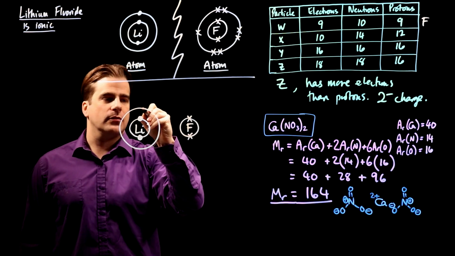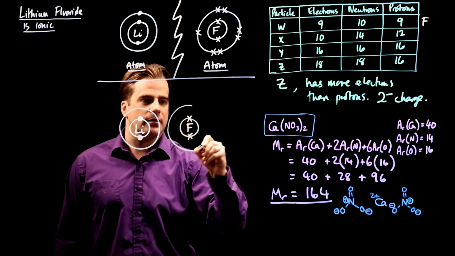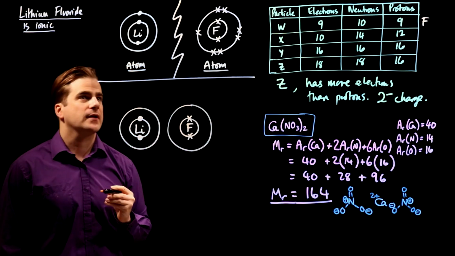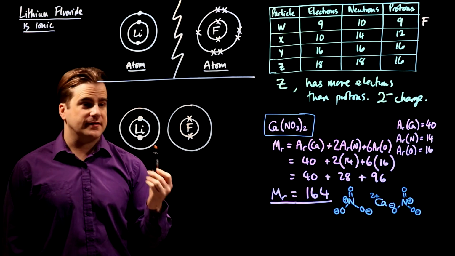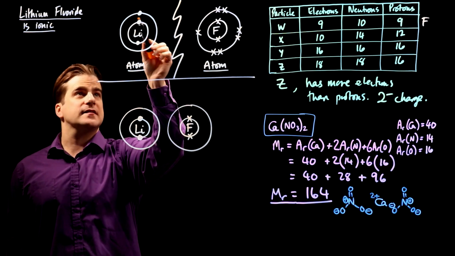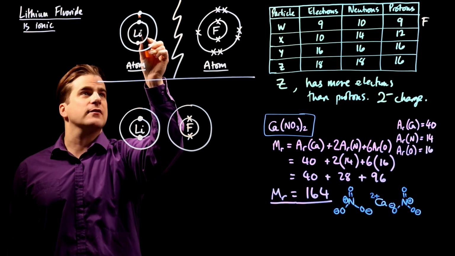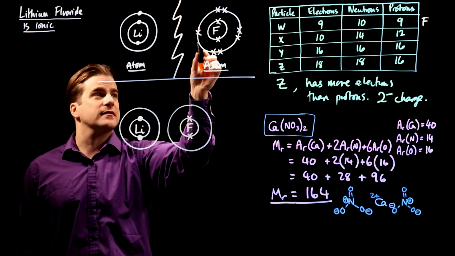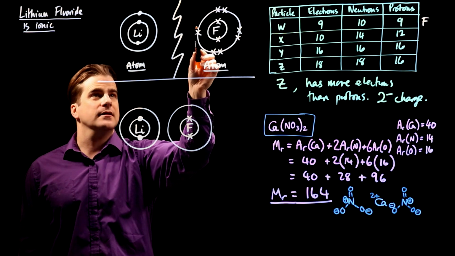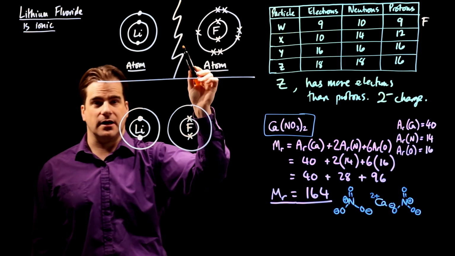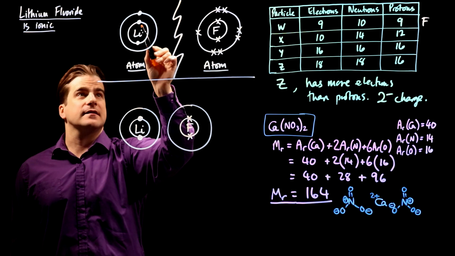Now, what's going to go on in the outer shell? Well, quite simply, this electron from the lithium is nicked by the fluorine and it ends up next to that electron there. So the fluorine gets a full outer shell of 8 and the lithium gets a full outer shell.